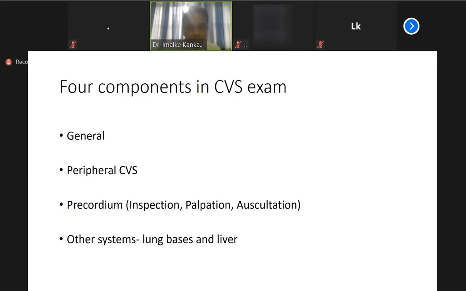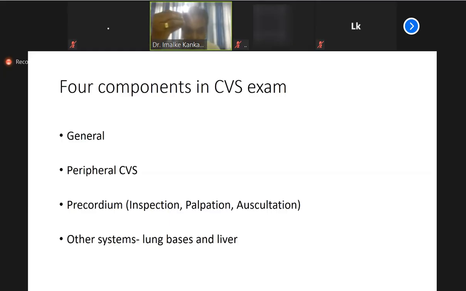So there are 4 components in the cardiovascular system exam. This is the way I classify, and I used to learn and I used to teach. I couldn't find these things in a book, but I classify like this: general examination and peripheral CVS, which means circulation, right?